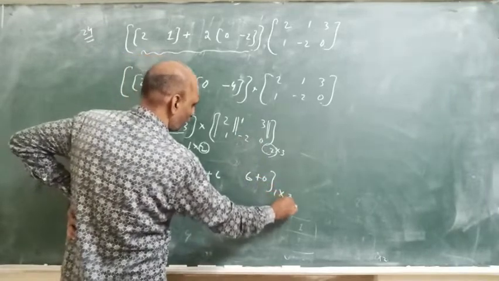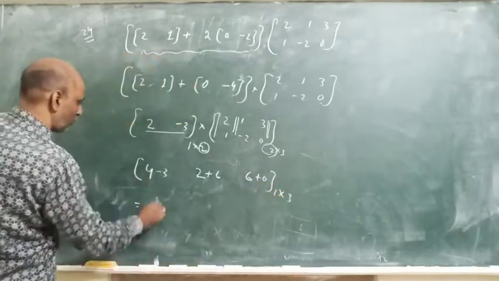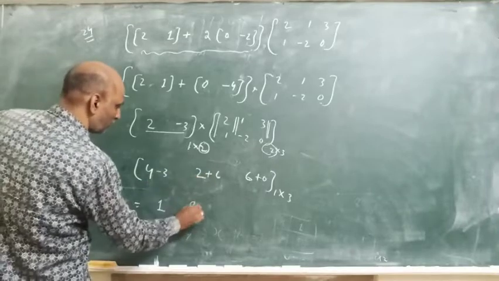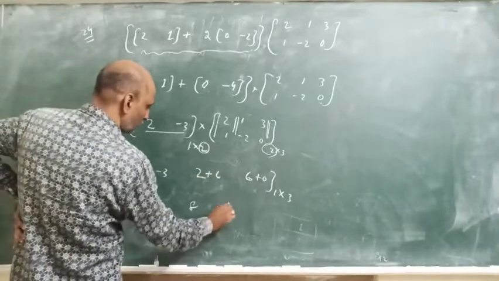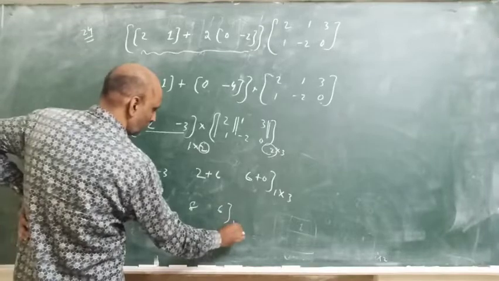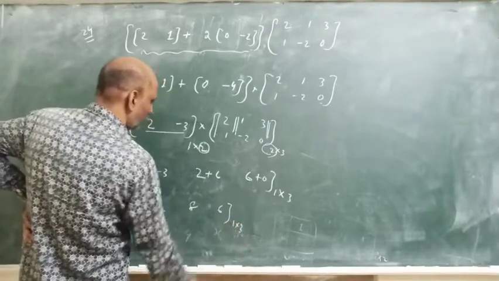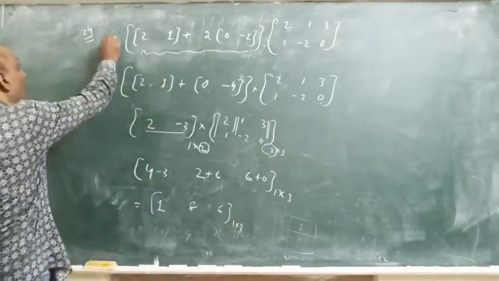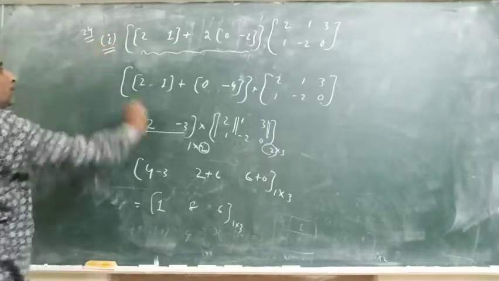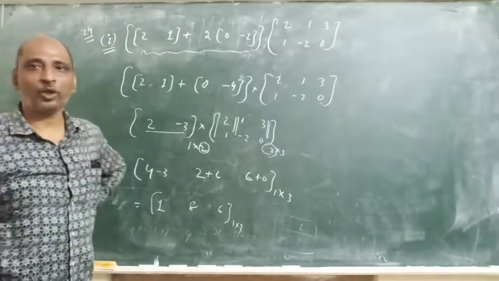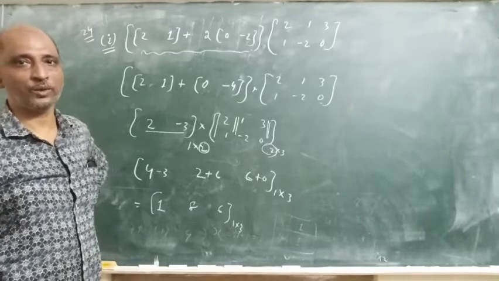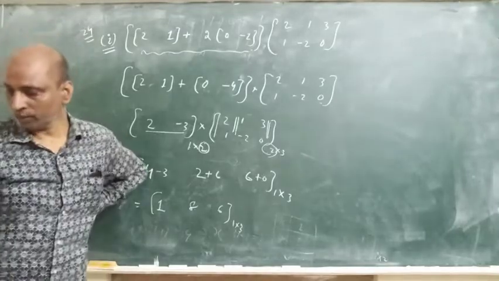So this is your 1 by 3 matrix: 4 minus 3 1, 2 plus 6 8, 6 plus 0 6. Okay, this is your question number 24, the first bit. The second bit is also easy, you can do yourself. Okay, write down.